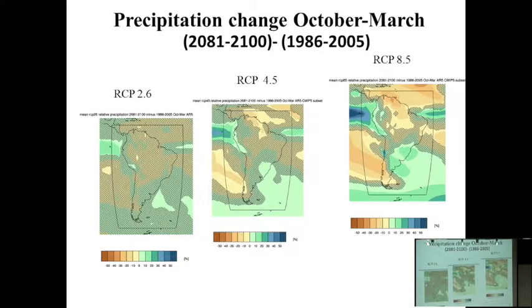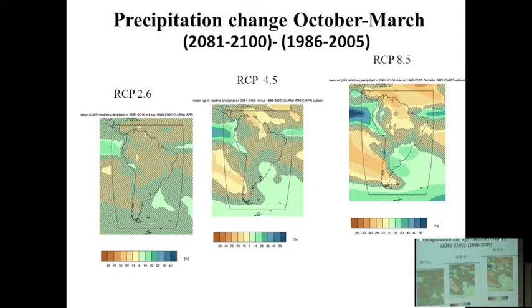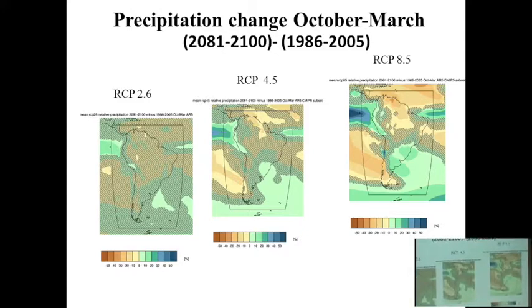We see this in the projections, 8.5. We see all this here, but as I told you, this part is within the standard deviation. So the largest values are here and here.